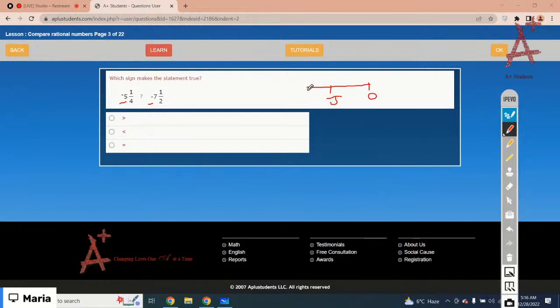Here you have negative 5. Here you have negative 7. As you are moving far from 0, the numbers are getting smaller and smaller. So negative 7 is less than negative 5. So negative 5 whole 1 by 4 is greater than negative 7 whole 1 by 2.